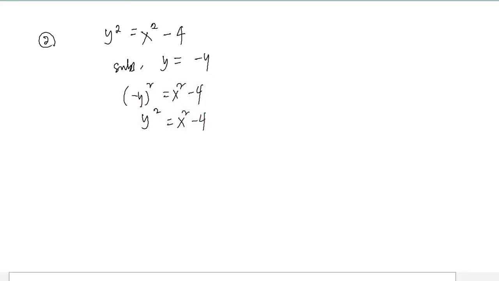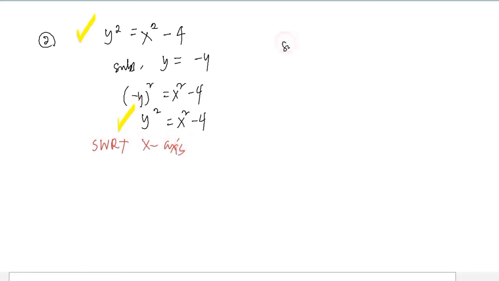As you can see, magkamukha yung equation na given at saka yung equation ngayon kahit nag-substitute tayo ng negative y. So, the equation is unchanged. Therefore, we can say that this is symmetrical with respect to the, since kay y tayo, x-axis. Okay.